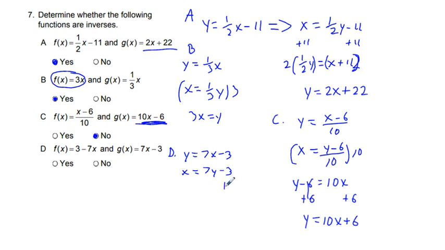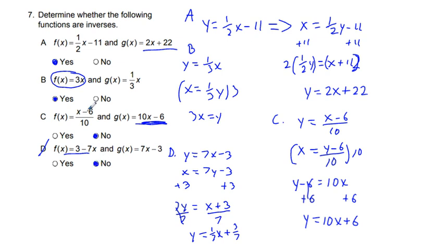Add 3 to both sides, and we have 7y equals x plus 3. So dividing by 7, we get y is equal to 1/7 x plus 3/7. Is that what this is over here? No, it is not. So that is not correct.